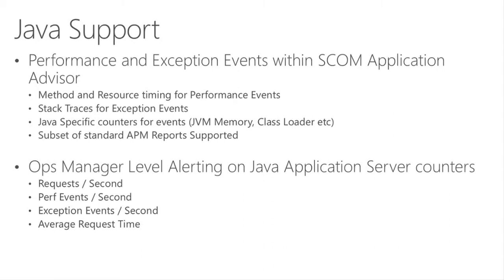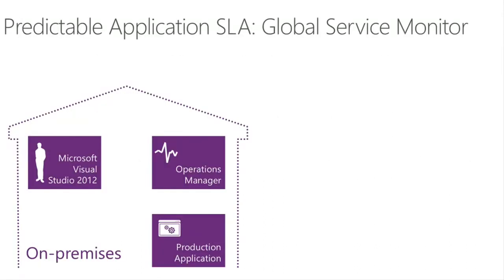Now, I mentioned that I was going to talk about Global Service Monitor because I think this is one of the most exciting technologies that was introduced in System Center 2012 SP1, and we've continued to invest into the R2 timeframe. And this is the idea of outside-in monitoring. And it's a really great example of our comprehensive monitoring and deep application insight that we've now enhanced in the 2012 family.